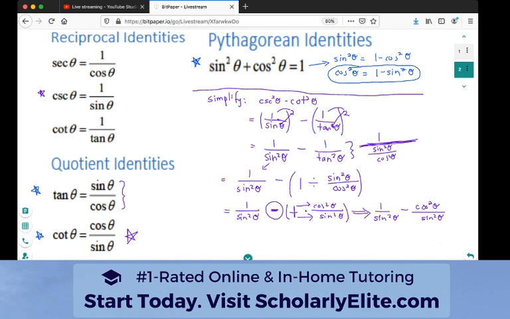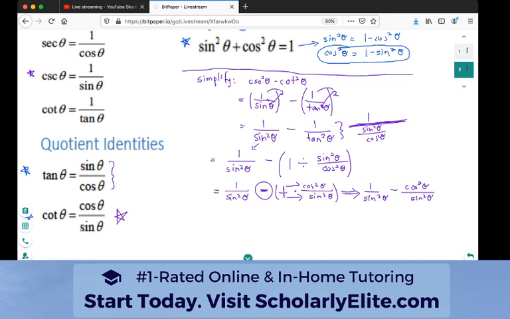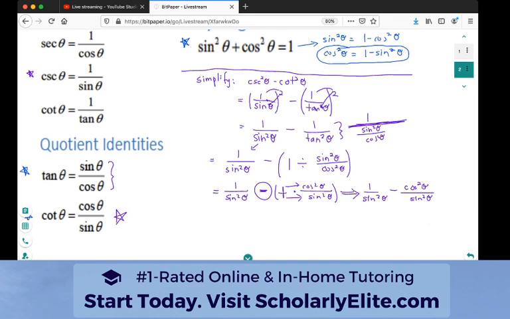Okay, so one of the great things about this problem in particular is that we now have a common denominator, which is pretty sweet and helpful, because that means that we can put this all under one umbrella. So in our common denominator situation, we've got 1 minus cos squared of theta, and this common denominator is sine squared of theta.